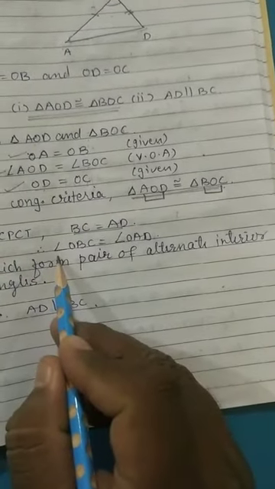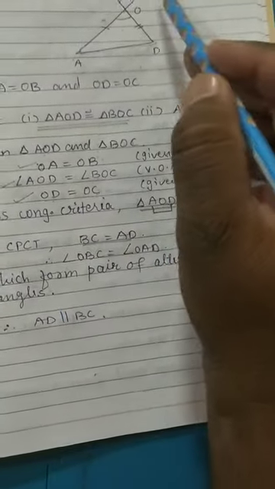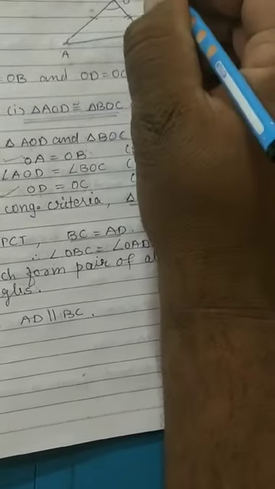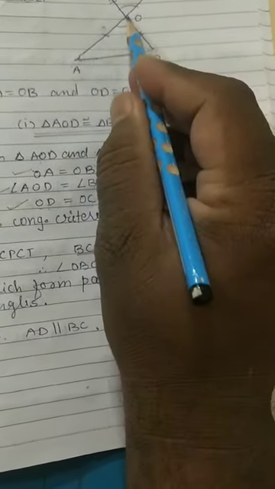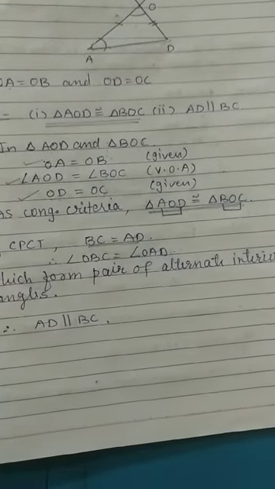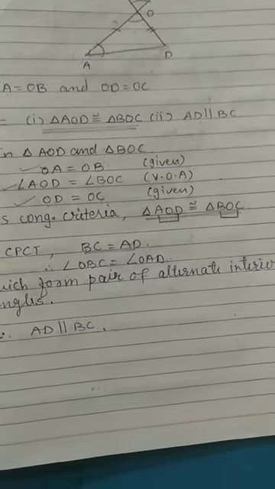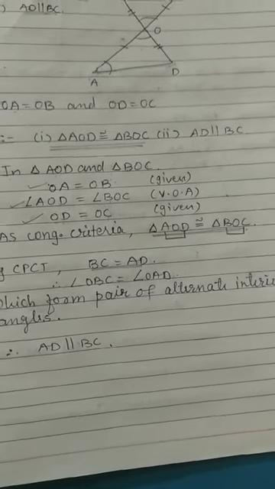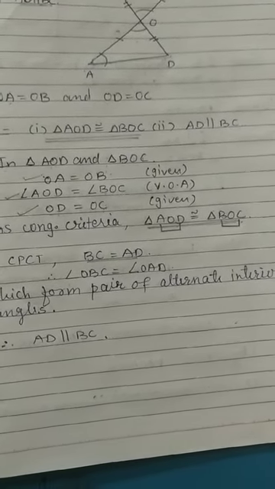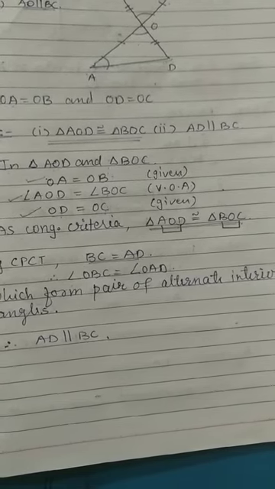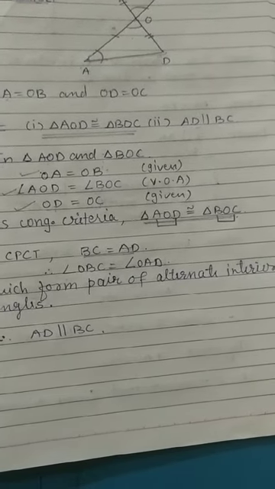And you can also say angle OBC, that is this angle, and angle OAD, that is this angle, are also equal by CPCT. Because if you have proved that two triangles are congruent, so the remaining angles are also equal.